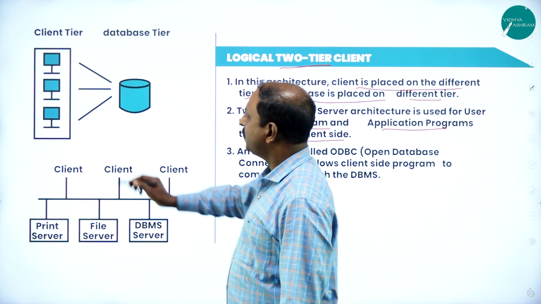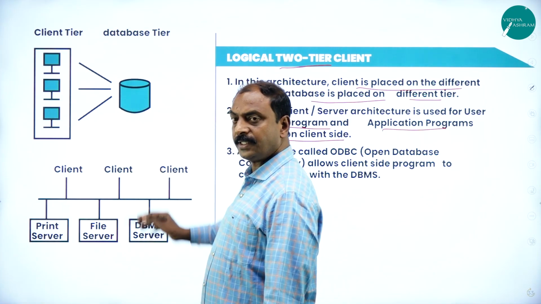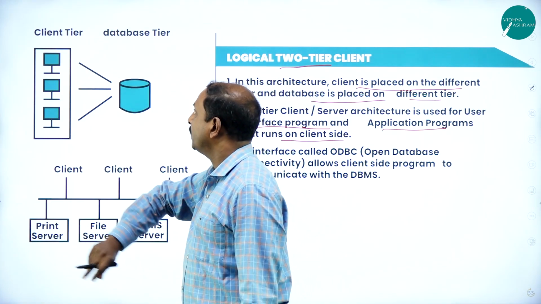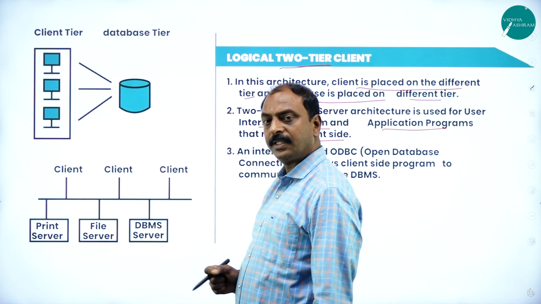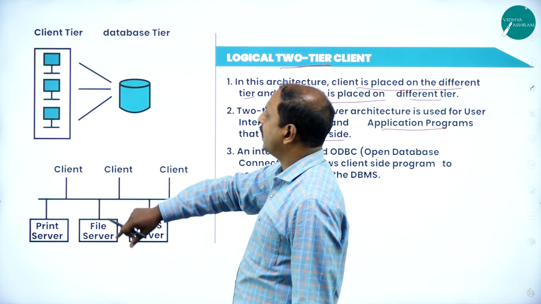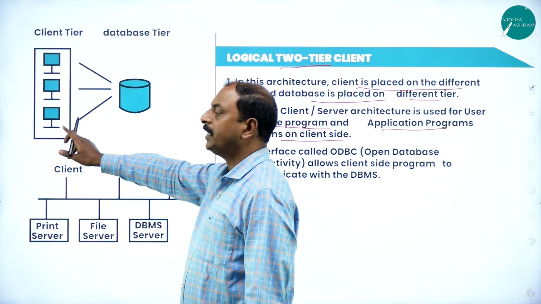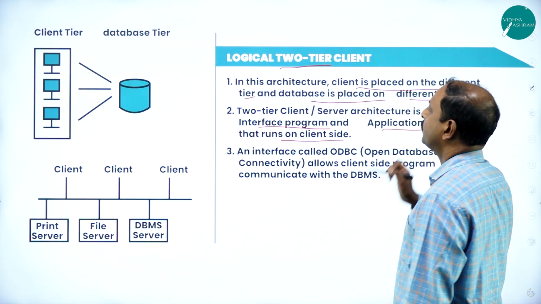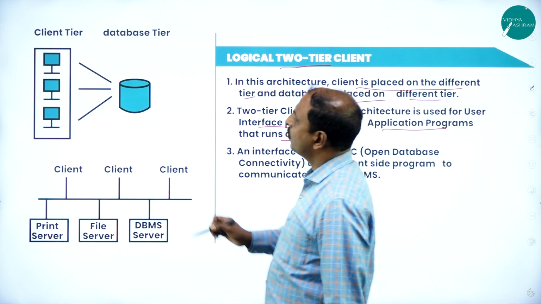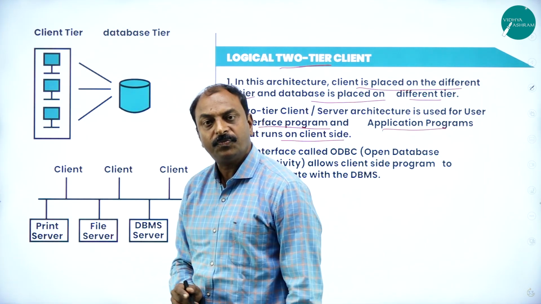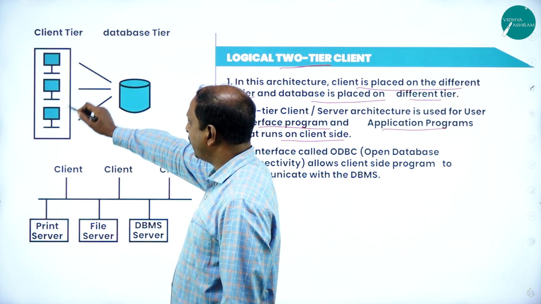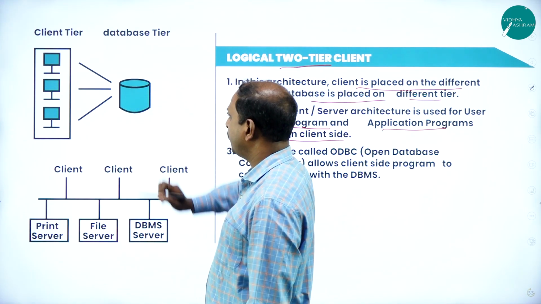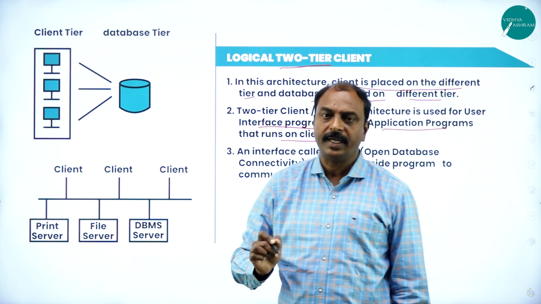Clients are on one tier and the database is on another tier. How do they communicate? The clients communicate with the database through an interface, nothing but application programs. Through the application program there is an interface through which these clients communicate with the database.